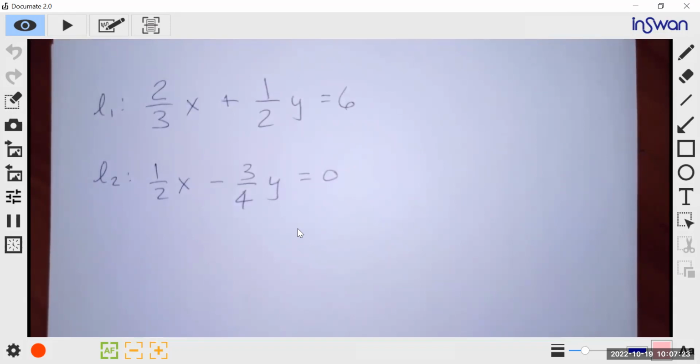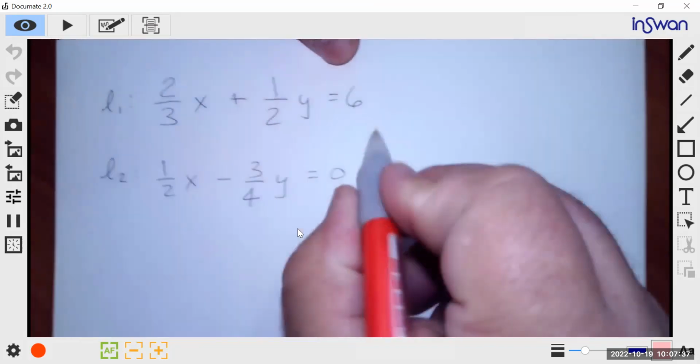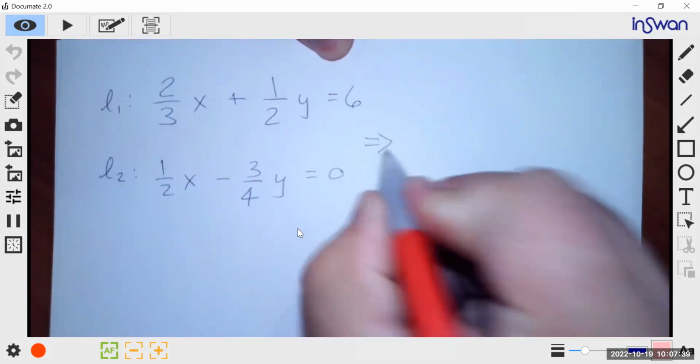What do you think the first thing we have to do is? Get rid of the fractions. So the first thing we have to do is get rid of the fractions.